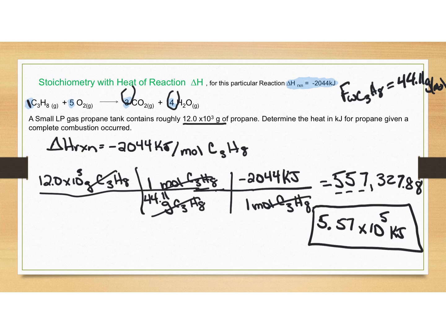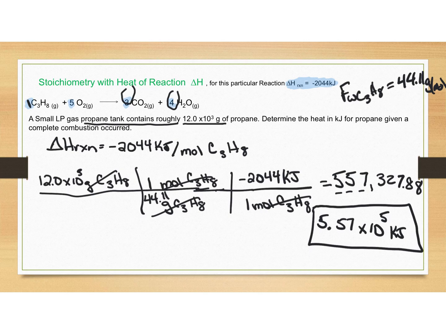That is how much energy would be given off in a single propane tank that we use on our simple gas grills. Now, I'm not going to ask you to do these particular problems on the exam or so forth, but what I want you to take away from this is stoichiometry, this concept of us balancing chemical reactions and being able to balance them.